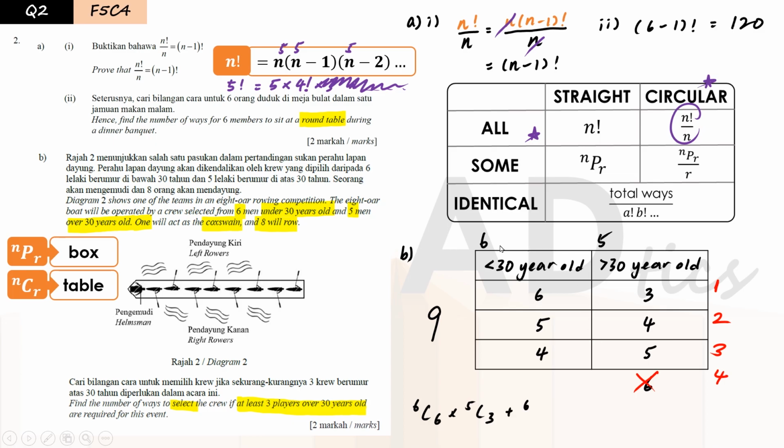Same thing as well, 6 choose 5, multiply with 5 choose 4. Then I'll add the third possibility, which is 6 choose 4 times 5 choose 5. Once you put all this into your calculator, you can get your final answer, which is 55.